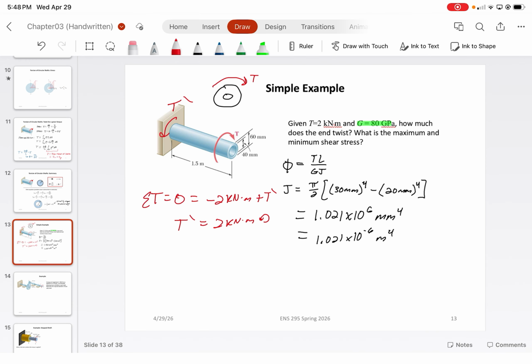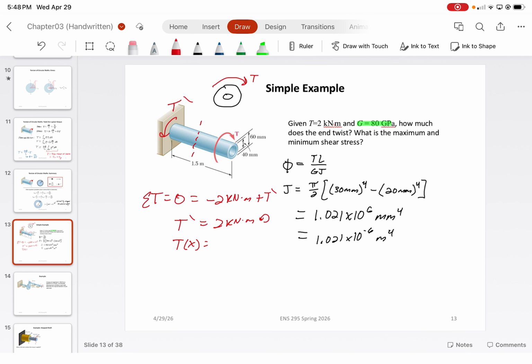Now, one thing to note is if we were to cut a section directly through there, what is the internal torque going to be, T of x? Remember how we cut sections, we ignore everything to either the left or the right?